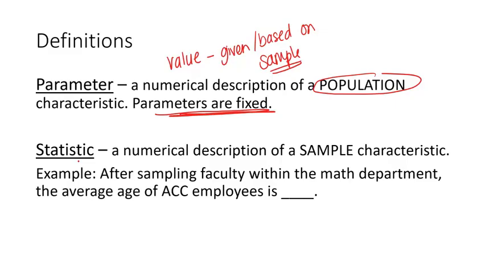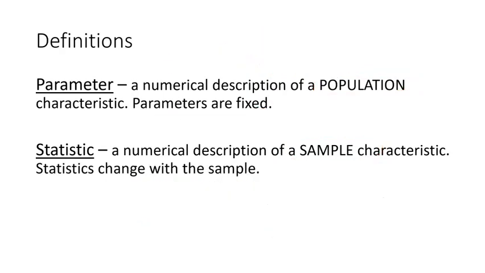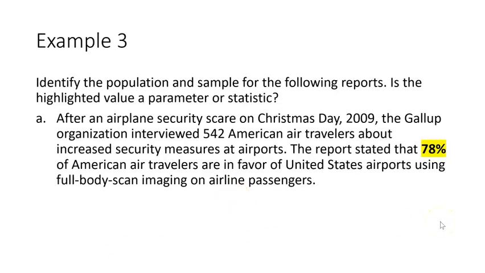A statistic is based on the sample, and because of that, it can change, hopefully slightly, from one sample to the next. So a parameter is fixed. It should not change because it's from the entire population, whereas a statistic can change from one sample to the next. Let's put this in an example.